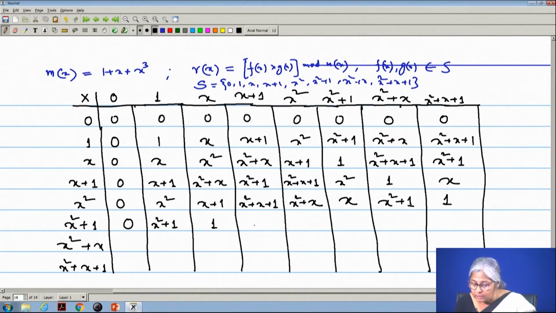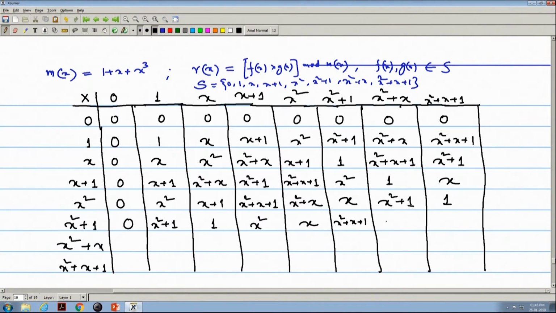Now, this becomes x square, this is x, this is x square plus x plus 1, now x plus 1, and this becomes x square plus 1 into this becomes x square plus x. Similarly, this becomes 0, x square plus x, now x cube plus x square. So, this becomes x square plus x plus 1. Now, this is 1, this becomes x square plus 1, this is x plus 1.